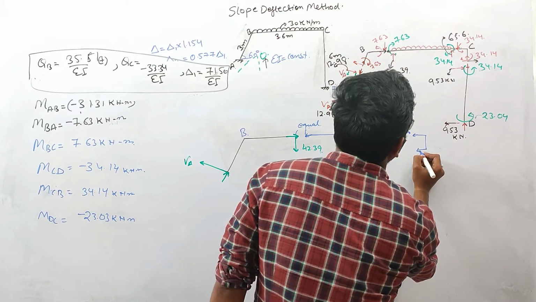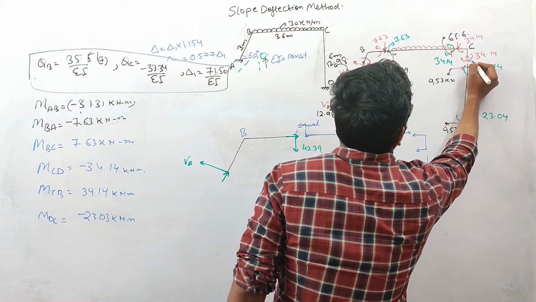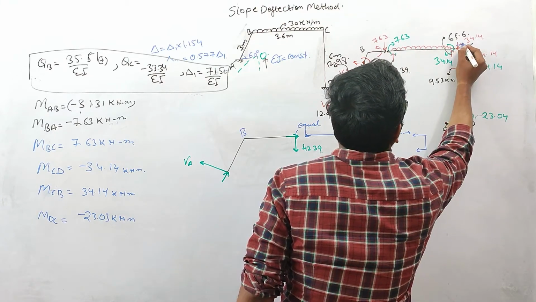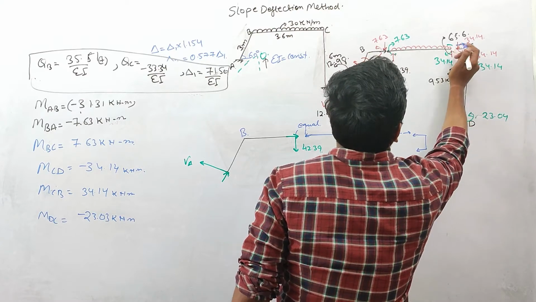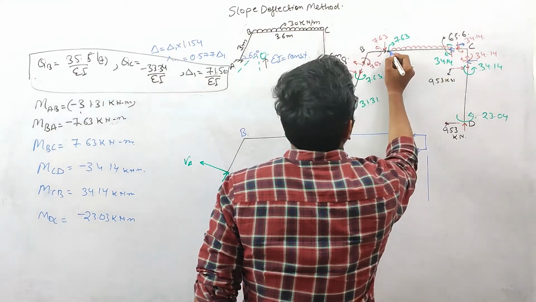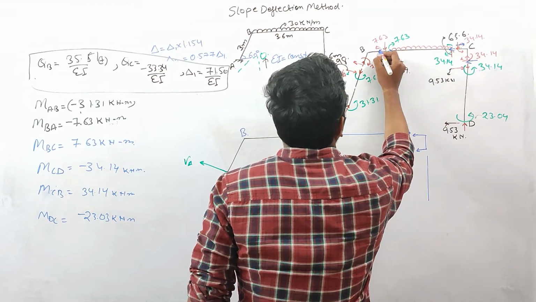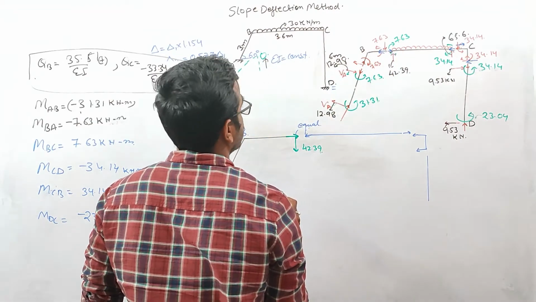Okay, sorry, this will act like this. So to balance this, it will act like this over here. At this point it acts like this, again at this point like this, right?